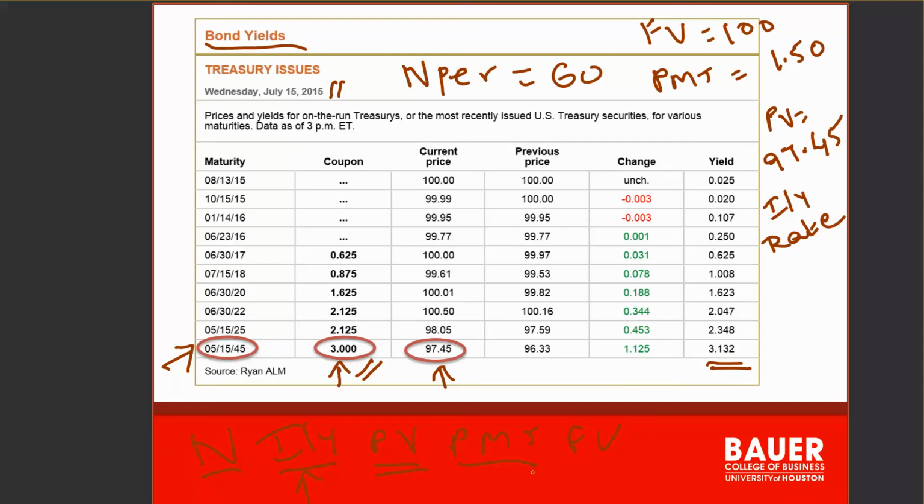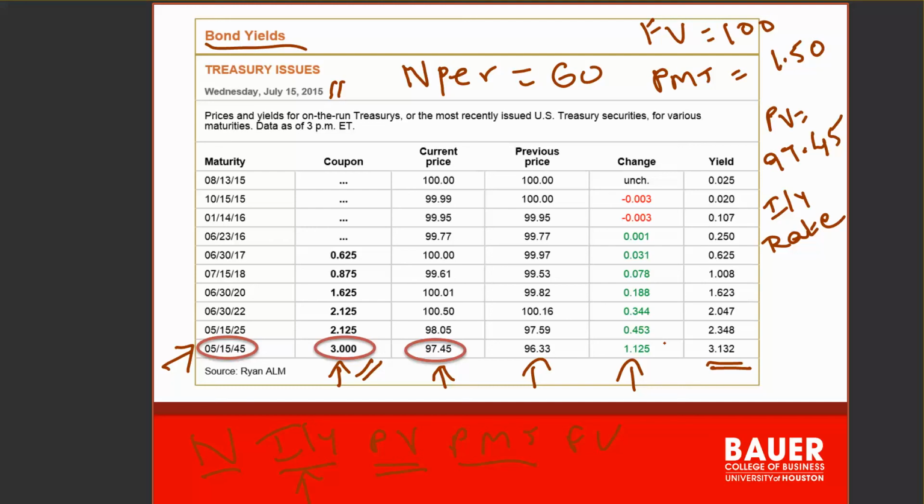So in other words, when you look at bond prices, when you look at the way bonds are traded on the market, you will see that they are in fact traded in this fashion. You will see the maturity, the coupon, the price, and based on the price you can calculate the implied yield. These two columns in between, the previous price and the change in price, are simply changes relative to the previous day.